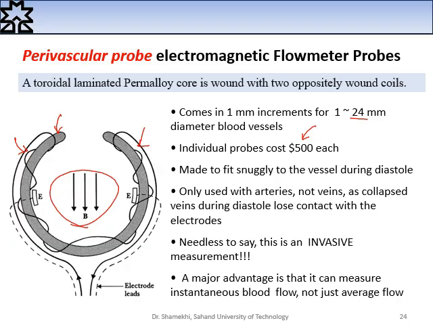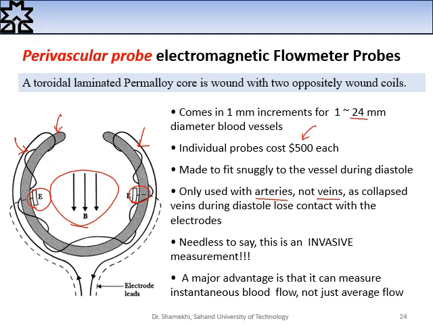These probes are only used with arteries, not veins, as collapsed veins during diastole lose contact with the electrodes. We always need to be connected to the electrodes.